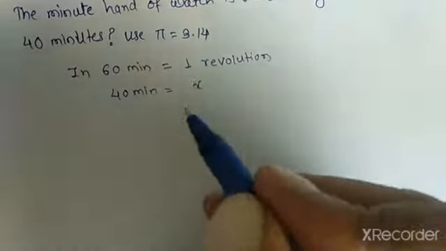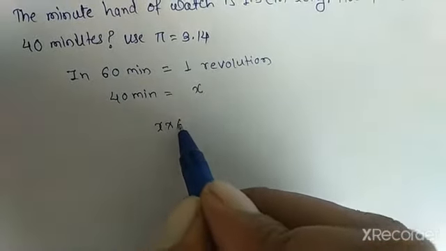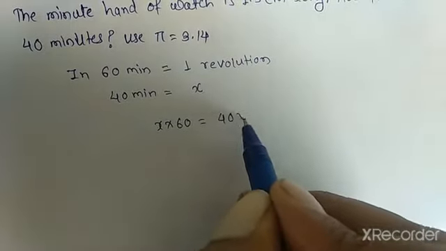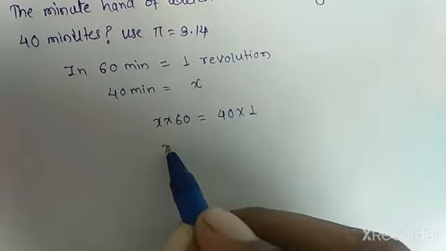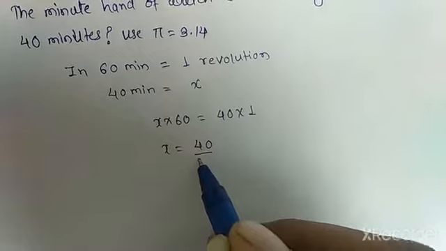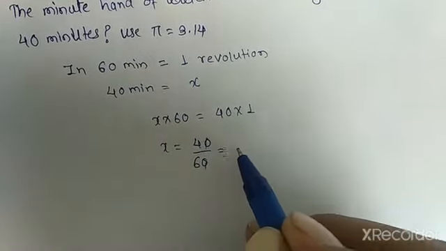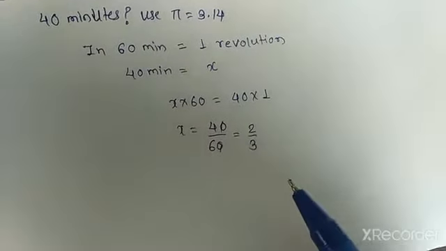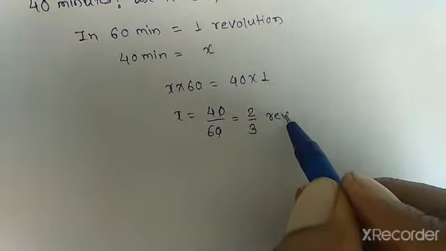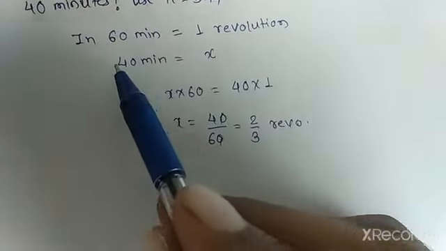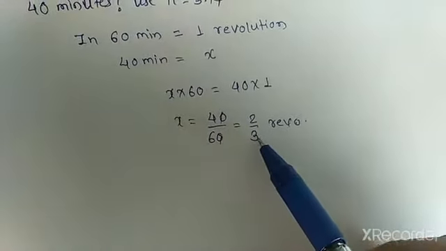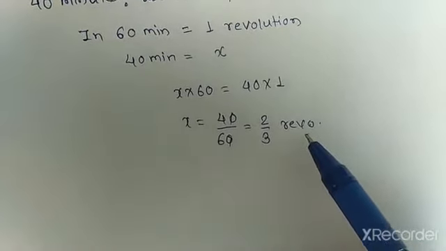So x into 60 is equal to 40 into 1, which gives x is equal to 40 upon 60, which gives x is equal to 2 upon 3 of a revolution. So after 40 minutes it will complete 2 upon 3 of a revolution.